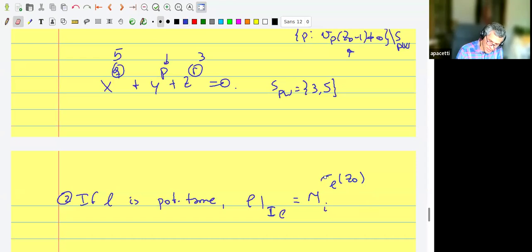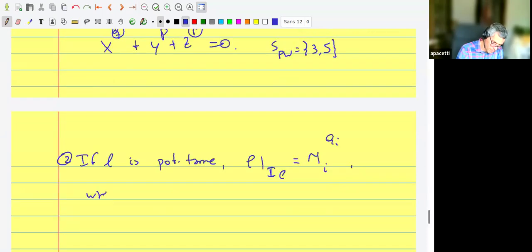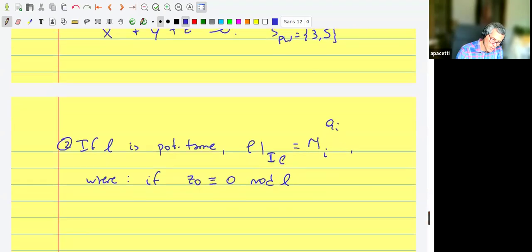Okay, let me write it like this: M_i, where if the specialization is congruent to 0 modulo l, you see, somehow we're searching for extensions of P1 which are ramified outside 0, 1, and infinity.